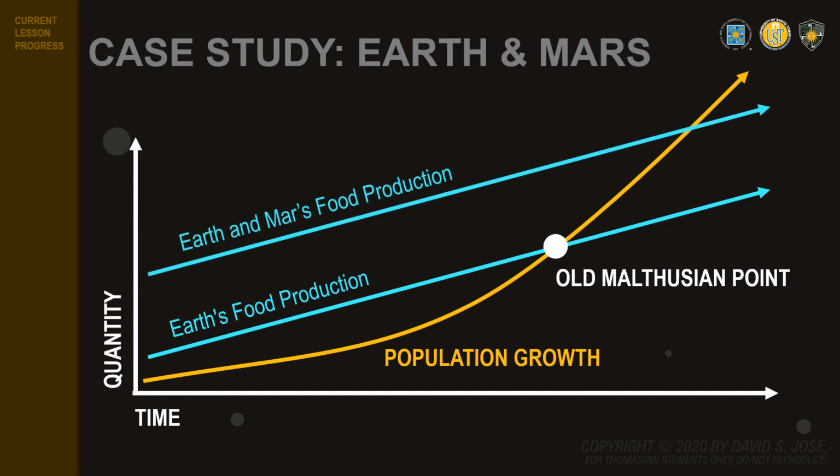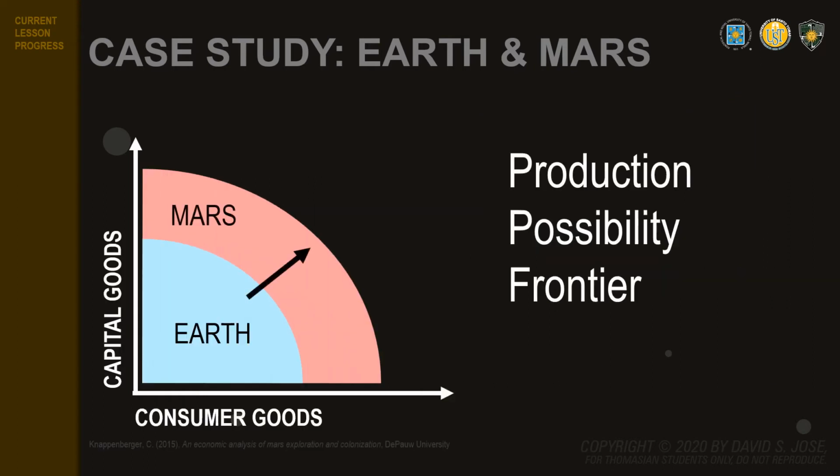But if we add Mars food production, we will incur a new Malthusian point. You can also look at this in terms of the production possibility frontier. If we add Mars to our assets, to our capacity as a whole, our possibility of production, whether capital goods or consumer goods, will increase.